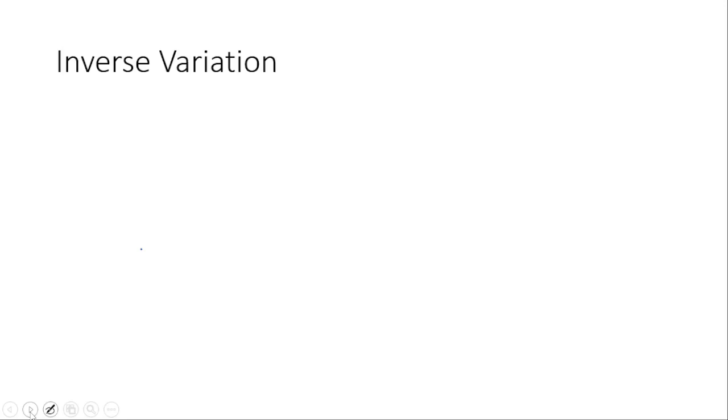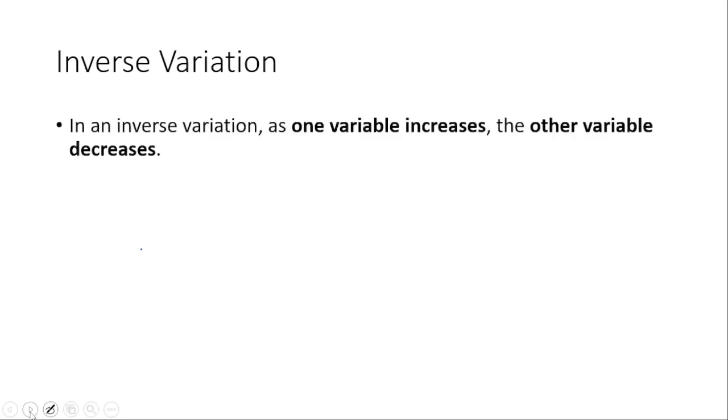So inverse variation. In this kind of variation, as one variable increases, the other variable will decrease. This relationship can be represented in a graph.